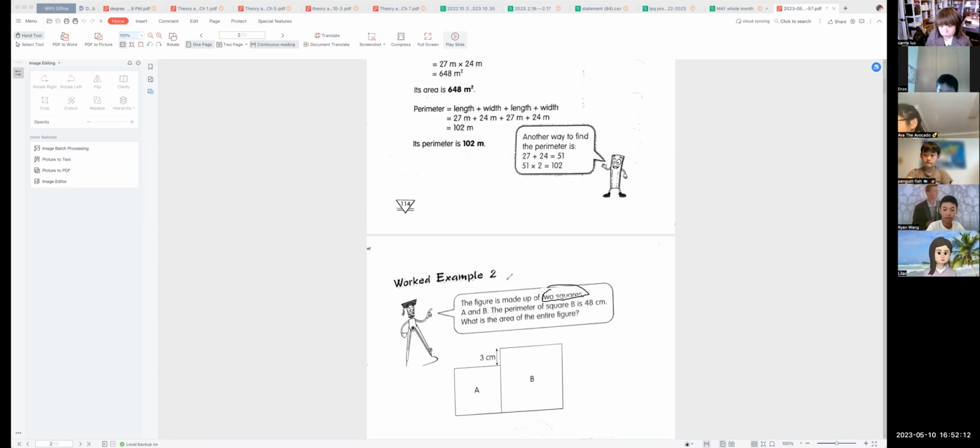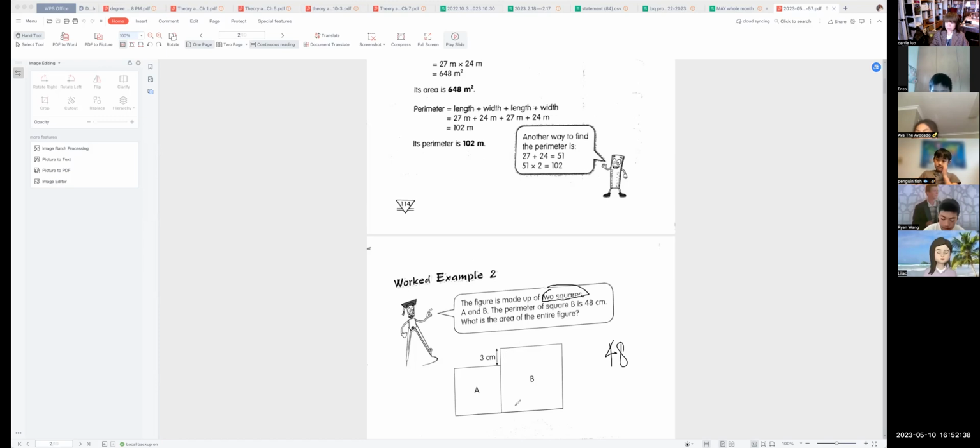好，我们看看有人做出来了。我们看看这道题目应该怎么做。So we only know the perimeter of B, right? So I want to ask Ryan. If B is a square, is each side of B the same or not the same? Same. So we already know the perimeter is 48.